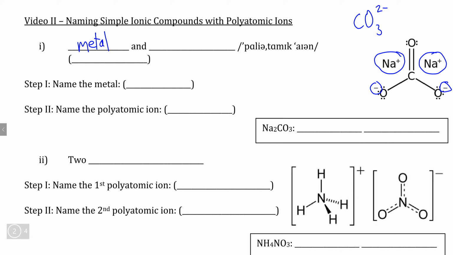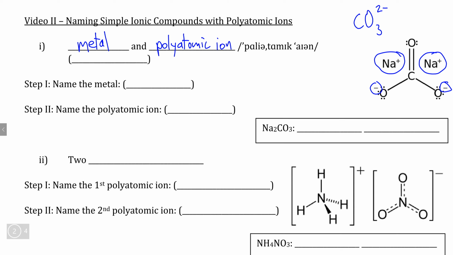So what exactly is this large, complicated structure here? This is an example of what we call a polyatomic ion. Poly meaning more than one, atomic meaning atom, so polyatomic means more than one type of atom, and an ion indicates that it has charge.